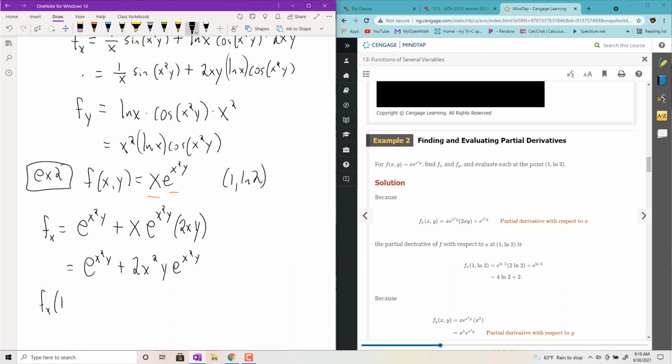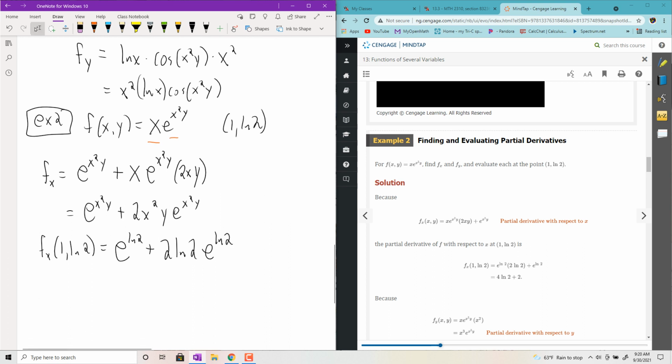It's going to be one of the problems with me not writing the x comma y every time. It makes this a little confusing, but plugging in 1 comma ln 2, I'll have e to the 1 squared is 1 times y, which is ln 2, plus x is 2 times 1 times ln 2 times e to the x squared y, which again is going to just be ln 2.